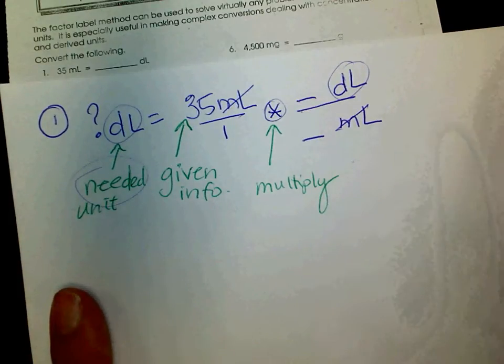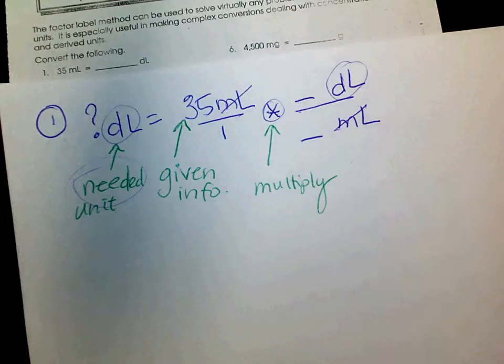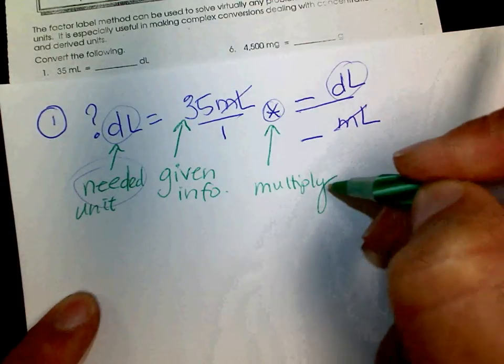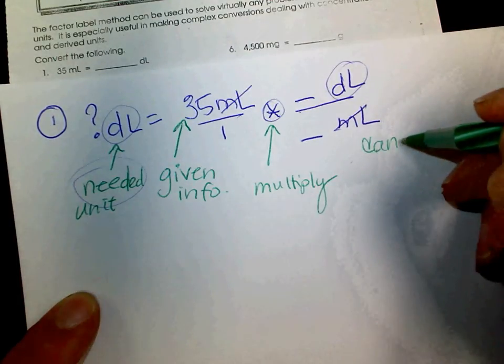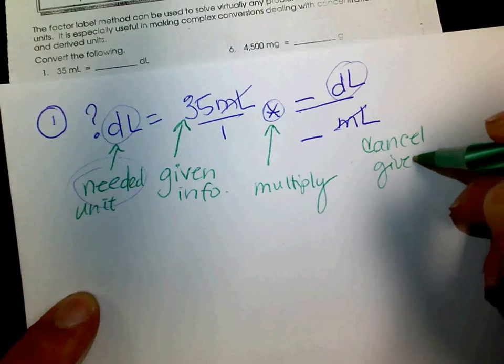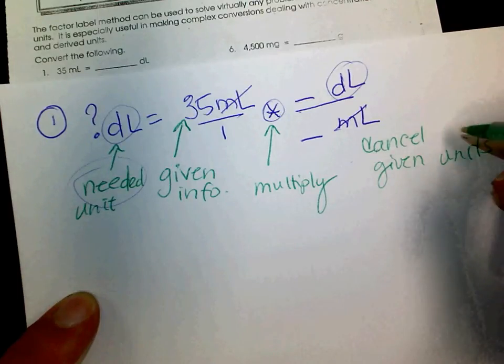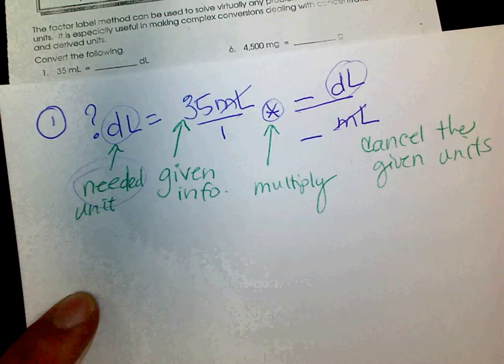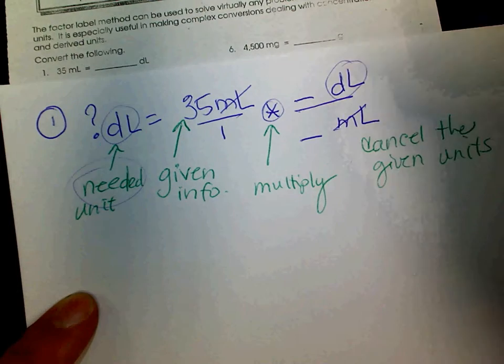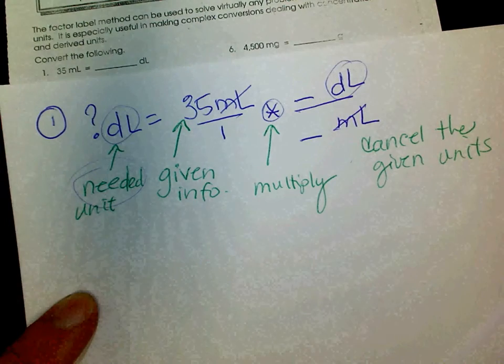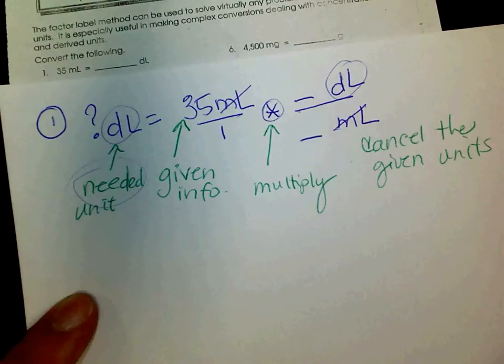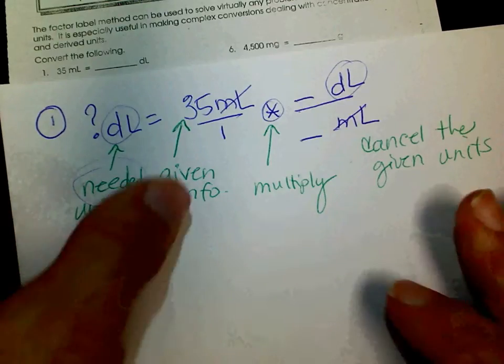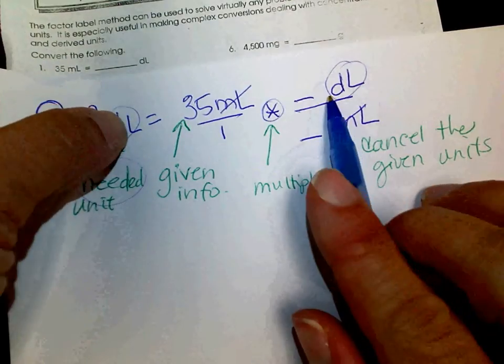Now, so I want to cancel the given units. All right, now, here's the rule. What is the bigger unit of those two units, deciliter or milliliter? It's deci. Now say, how are we supposed to know that?